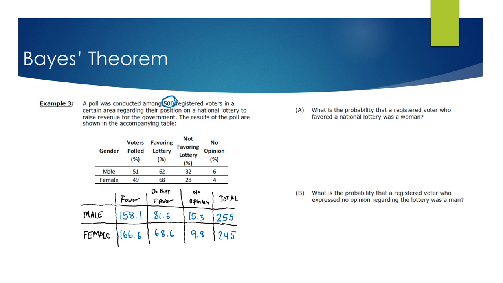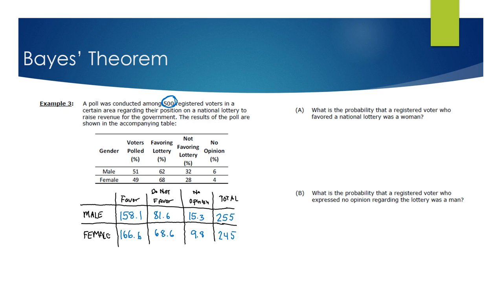But in this perspective, it does, because the percentages may have been rounded off, and I'm trying to be as accurate as possible when I come up with some of these probabilities. Basically, all I did was take 62% of 255, 32% of 255, and 6% of 255 to get the numbers in the male row.